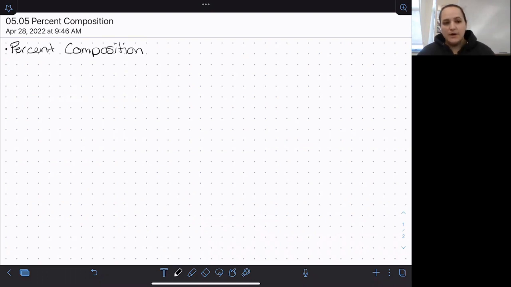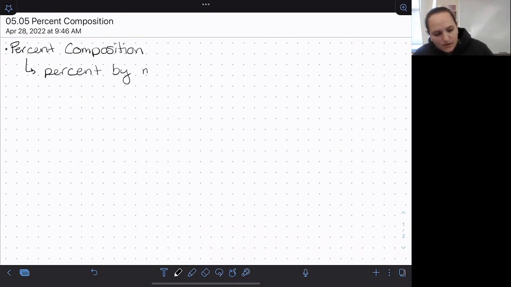So what we're talking about is percent composition, and what percent composition is just the percent by mass of each element in a compound.